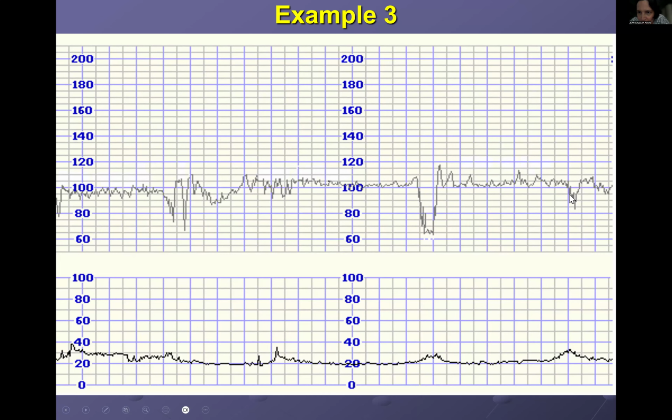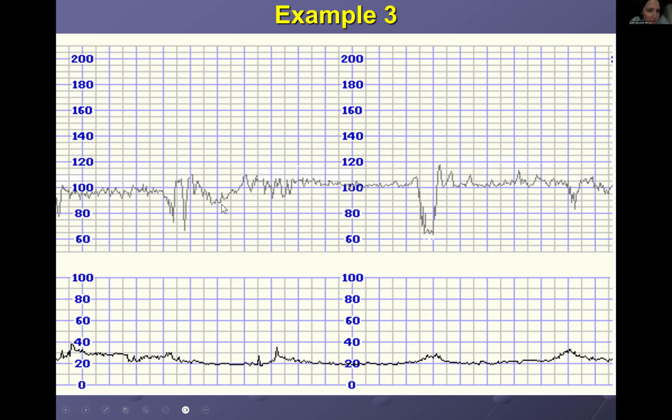But for example, this one here, which is also a deceleration, the trough doesn't correspond with the peak. So this has a late component. Over here, we can't tell what's happening because we don't have the contractions. So this might look like a variable, but you can't really tell, since the belt for the contractions is not picking up the trace well.